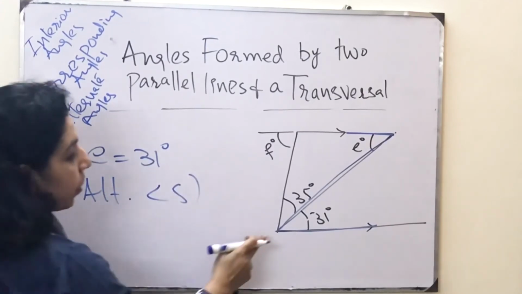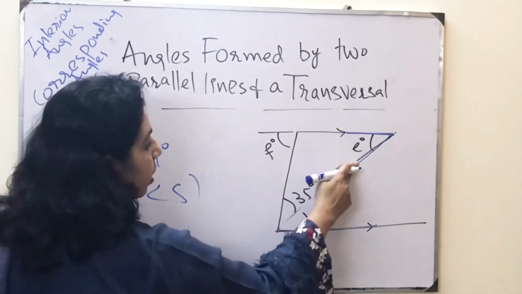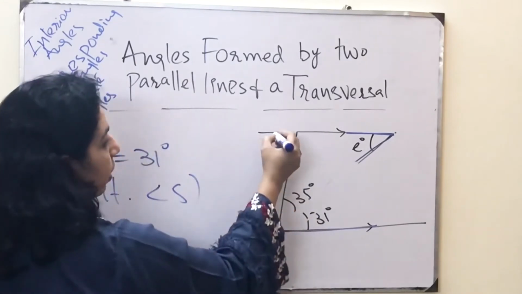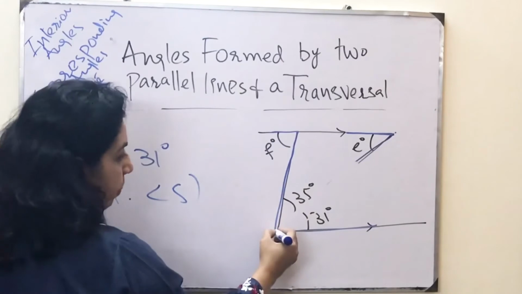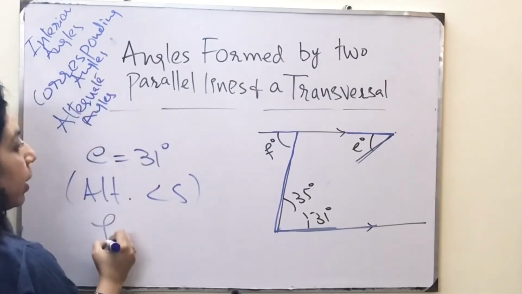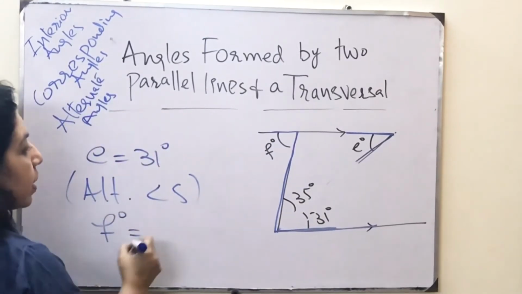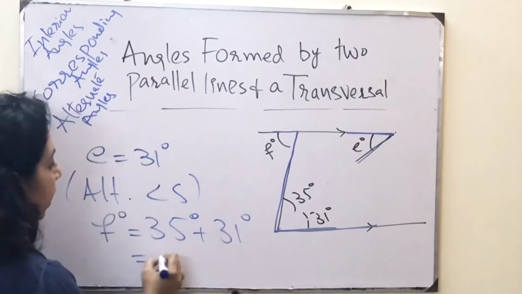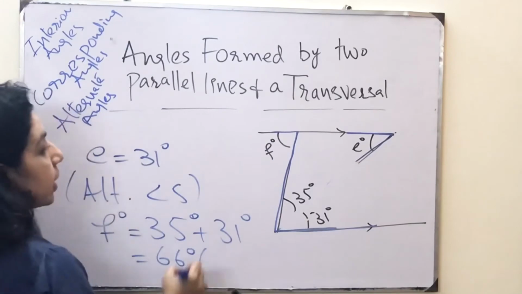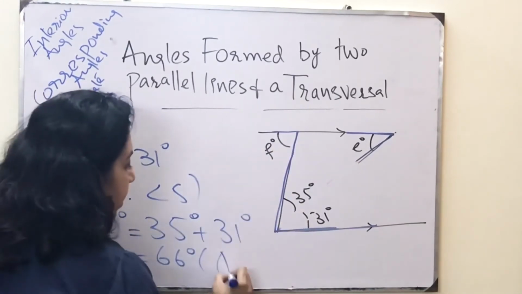And when we shall ignore this transversal and we shall look at the second transversal and work for F, F, parallel line, transversal, parallel line, F is again making Z, or F is the sum of two angles, 35 degree and 31 degree, that is 66 degree. This is again alternate angles.